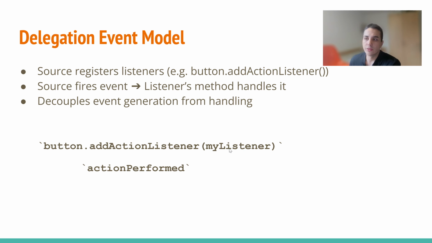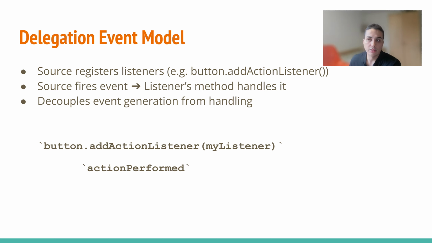Then, for example, this button will call actionPerformed, and it will know the action has performed. In summary, the source fires an event, and the listener's method executes to respond.